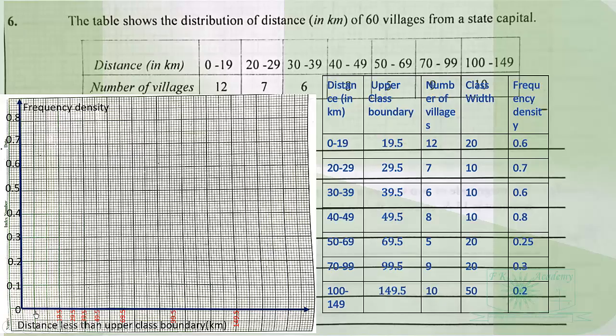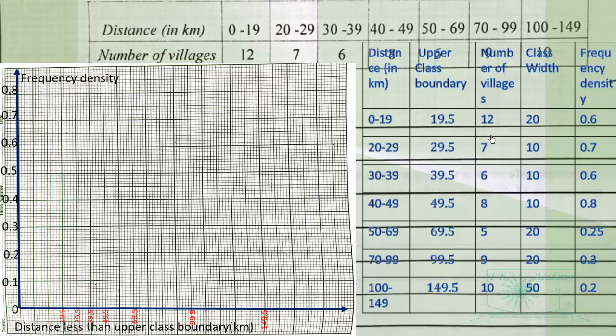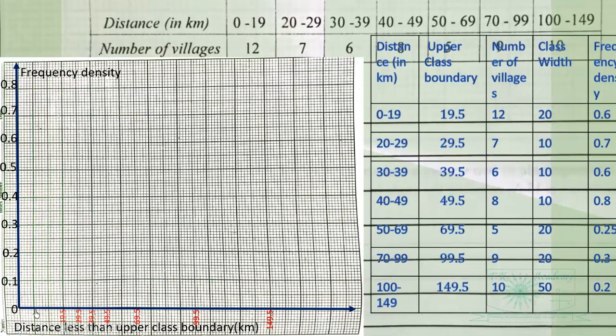So I want a distance of 20, since the class width is 20. So I'll start from here. This is 20. So I'll draw the histogram up to 0.6 for the frequency density. Then 29.5.